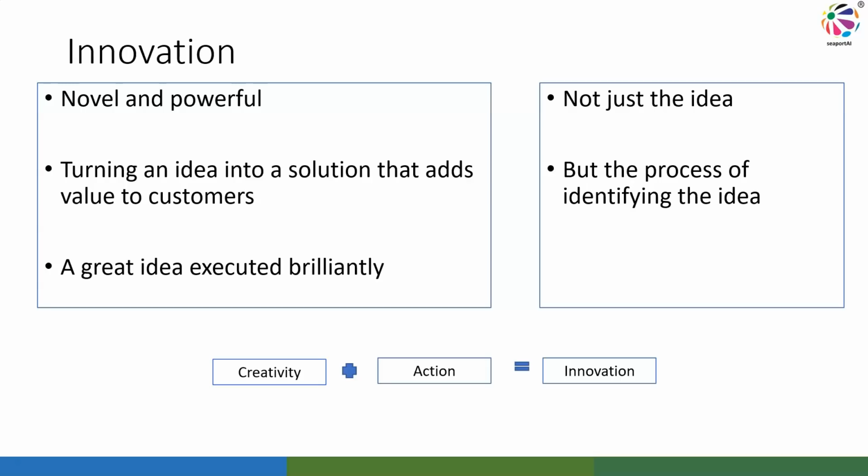So any creative solution that you implement must add value to customers. That's very, very important. So let's keep in mind that innovation is as much about creativity as it is about action, which is the process of implementation.